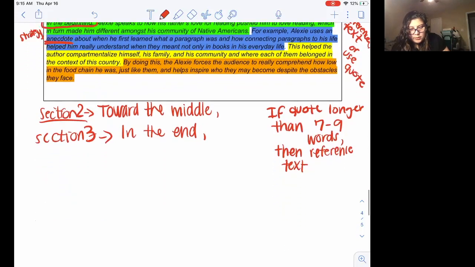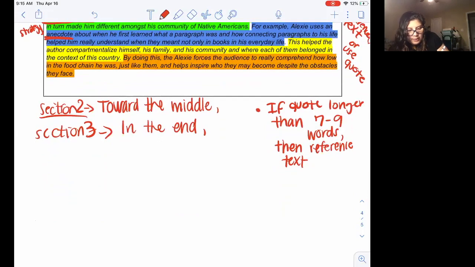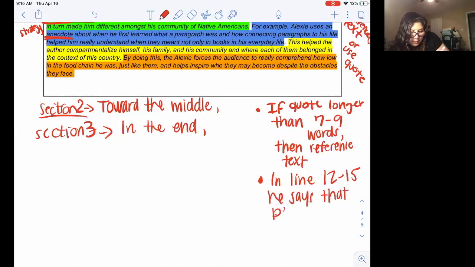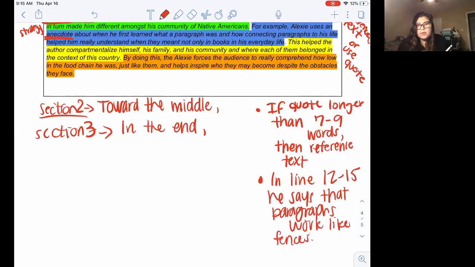How that would be referenced, you can say in lines 12 through 15, he says that paragraphs work like fences. Again, the only way the reference would work is if you tell me what line it's coming from, or where it's coming from specifically, and you just paraphrase it. So all of that is okay.